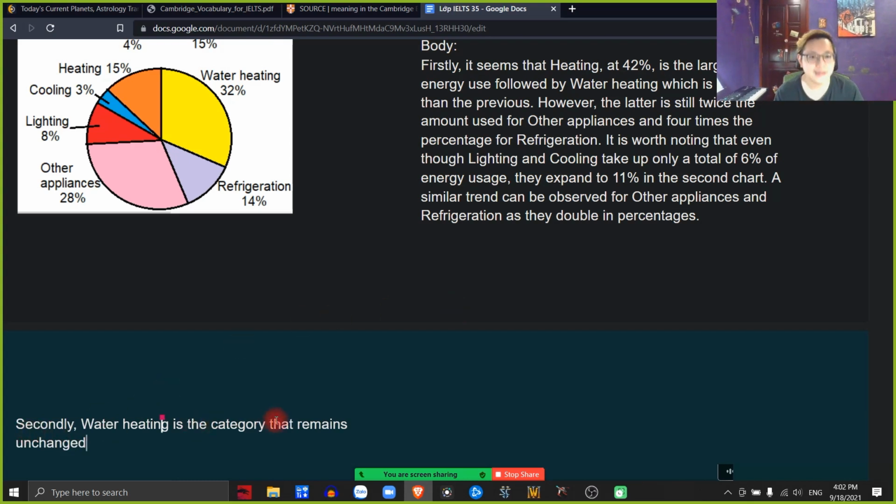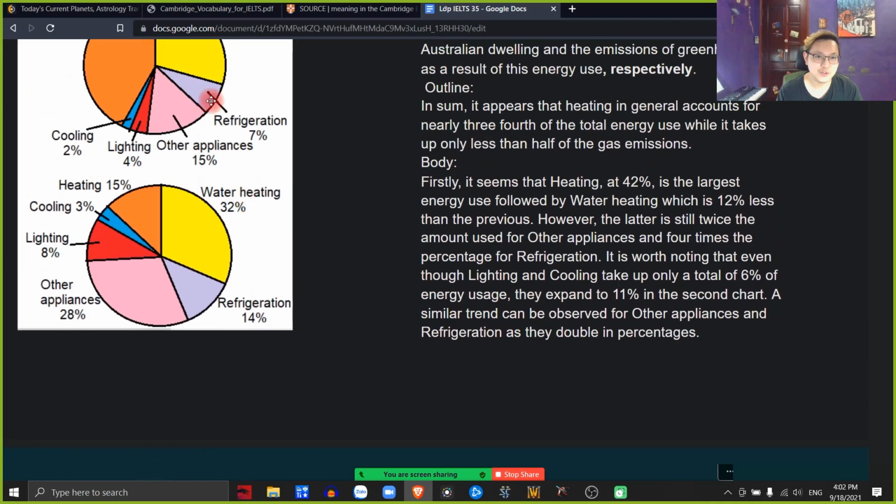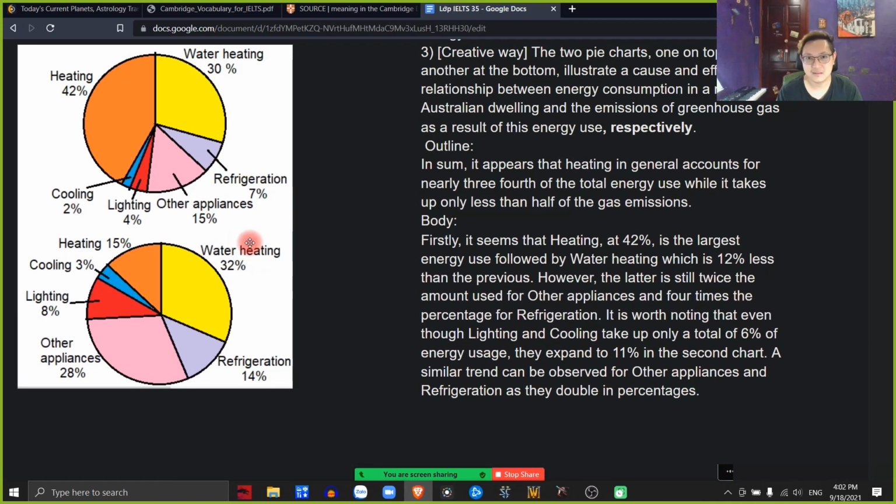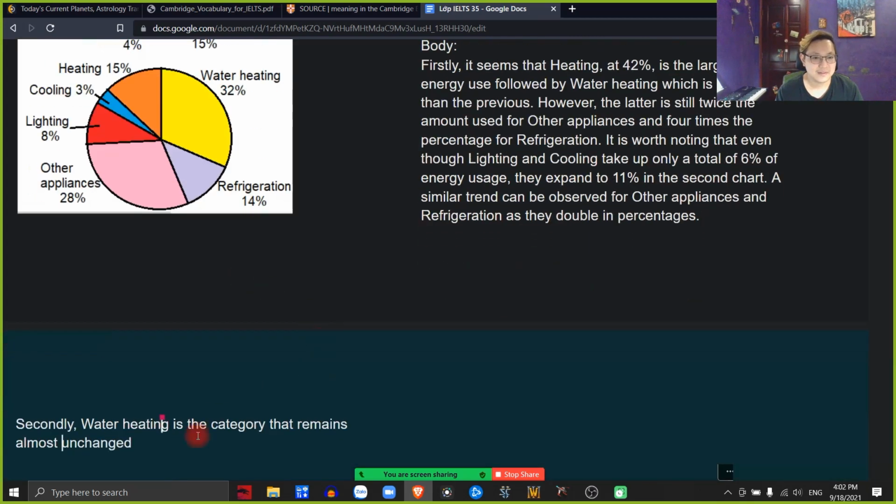It's a category that remains unchanged, or remains almost unchanged actually, because it's just 2% different, but it's something. A 2% difference is still something. So that remains almost unchanged.